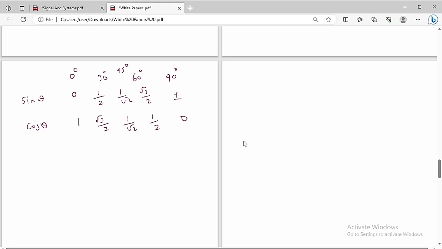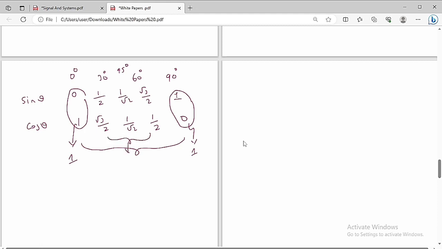So if you see from 0 to 90 degree, this summation is nothing but 1, and this summation is also equal to 1. But in this case, if we have these things, the summation is not equal to 1, right? 1 by root 2 plus 1 by 2 plus root 3 by 2 is not equal to 1. So it is also not equal to 1.